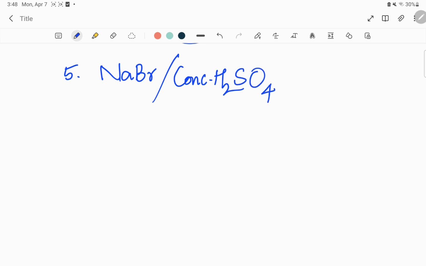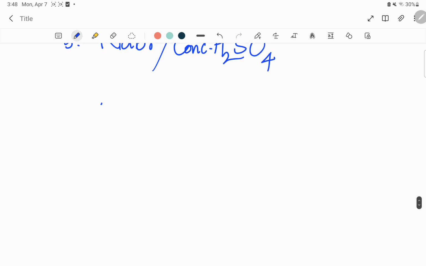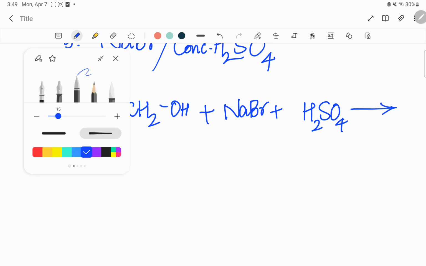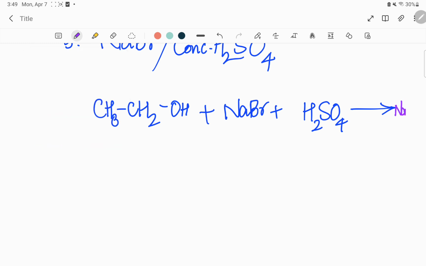So if you are having an alcohol, let's say ethanol, and if I am adding sodium bromide in presence of concentrated sulfuric acid, then you will be seeing that there is formation of NaHSO4. NaHSO4 is sodium bisulfate.